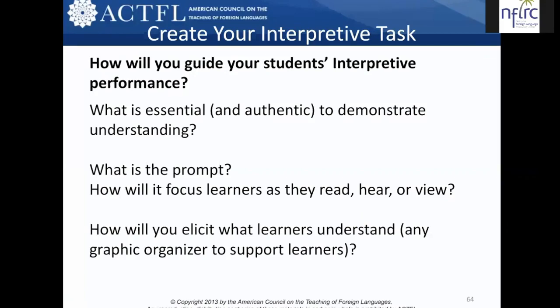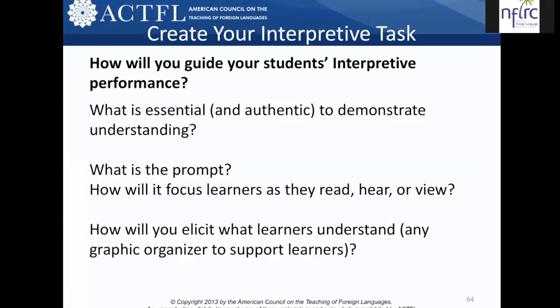So finding those resources is really key to the student engagement. And then we stop and ask ourselves, what is essential to demonstrate about understanding? What is the prompt? And how will you elicit what the learners understand? So focusing on good questioning after interpretive tasks is really a key component here.